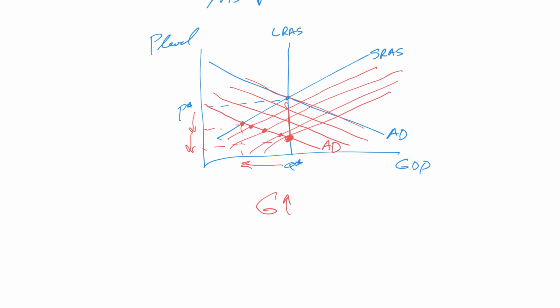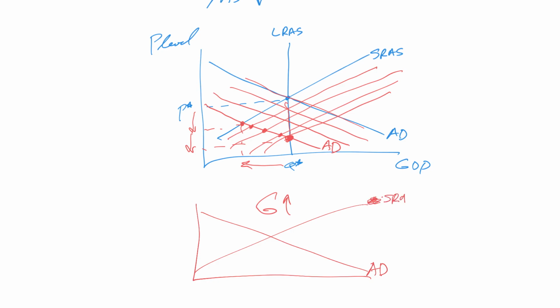Now, so what did end the Great Depression? I better draw a new graph here. What ended the Great Depression was World War II. War may be hell, but for the economy, it may be good.